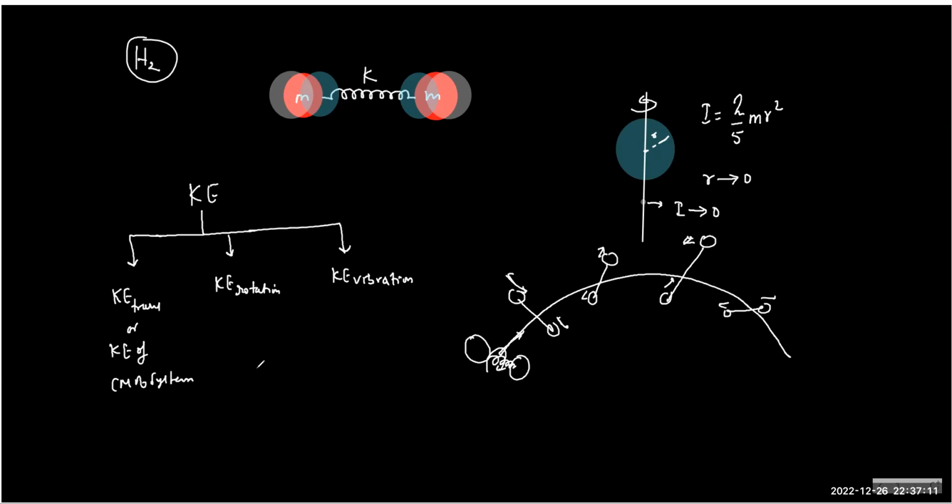Vibrational and rotational are both only possible for a polyatomic system, but translational is meant for all types of system, whether monatomic or polyatomic. So we have three types of energy, and to describe all the energy, we need all such variables.